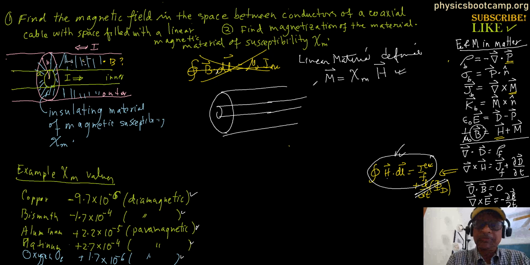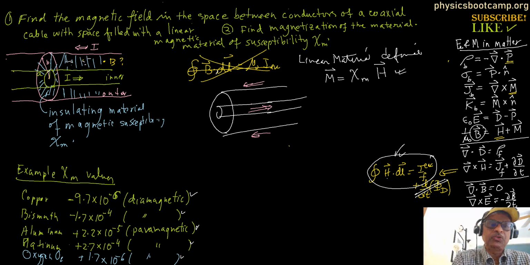Just looking at the free current, it's just Ampere's law for H. If the current is going this way, and current is going this way over here, we can assume the current is only on the surface. So let me write this down.